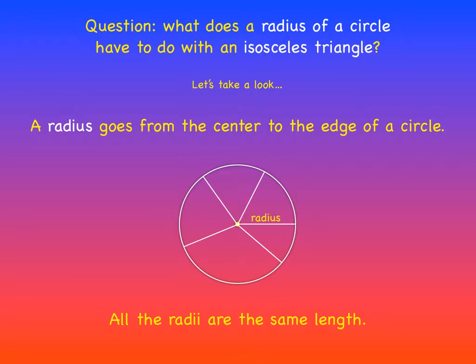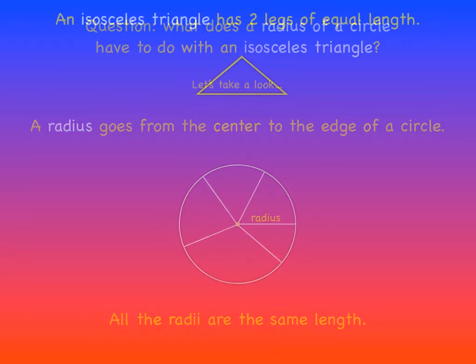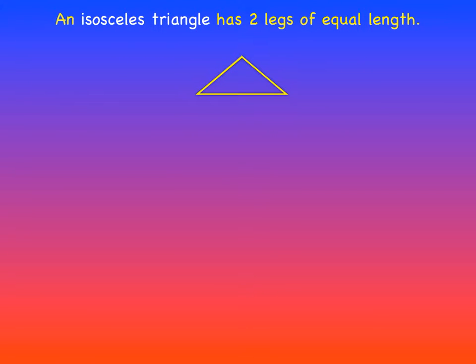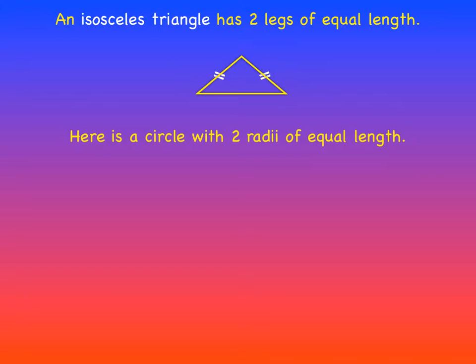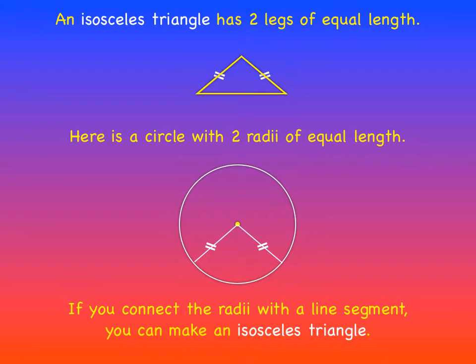All the radii are the same length. An isosceles triangle has two legs of equal length. Here's a circle with two radii of equal length. If you connect the radii with a line segment, you can make an isosceles triangle.